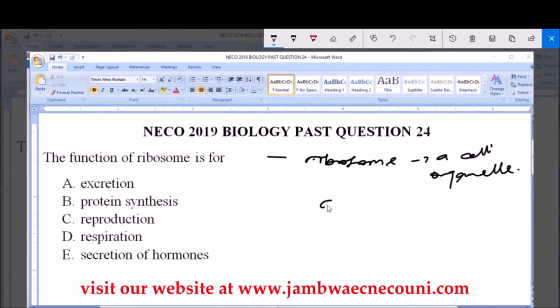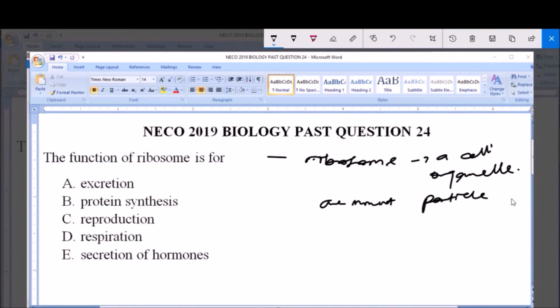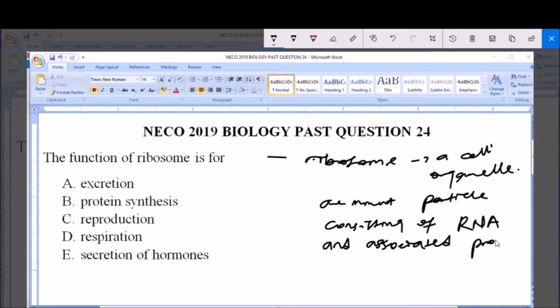Now ribosomes are minute particles consisting of RNA, that's the ribonucleic acid, and associated proteins. Now these associated proteins are often enzymes. We call these enzymes the ribozymes.